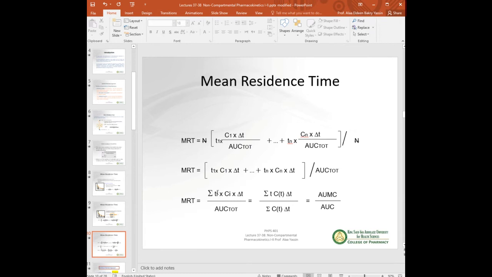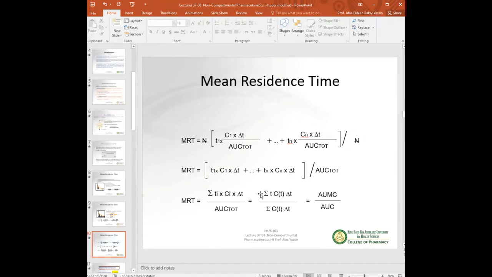If you see here, this is the formula for AUMC. This is T, time. This is exactly like the formula of AUC. If you see the difference between them, it will be the time.